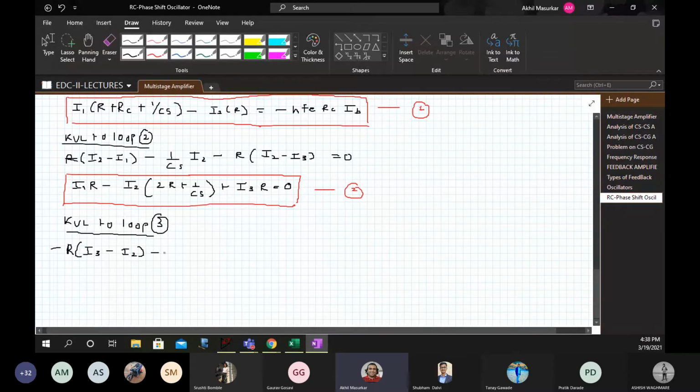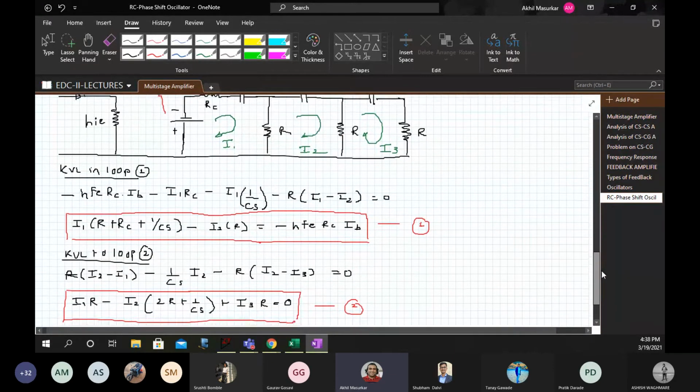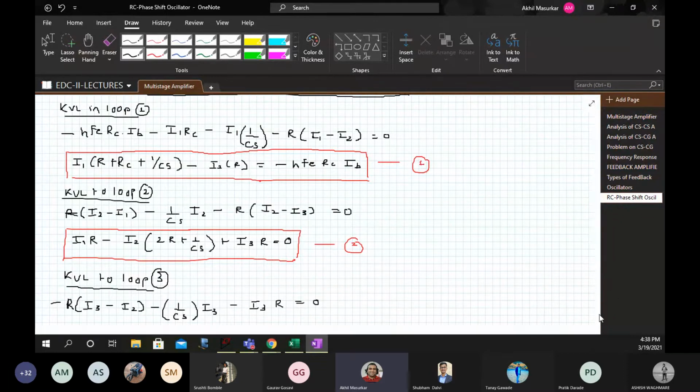Again minus. Next is capacitance 1 by Cs, and the only current flowing through it is I3, correct. And then we have minus I3 into R equal to 0.